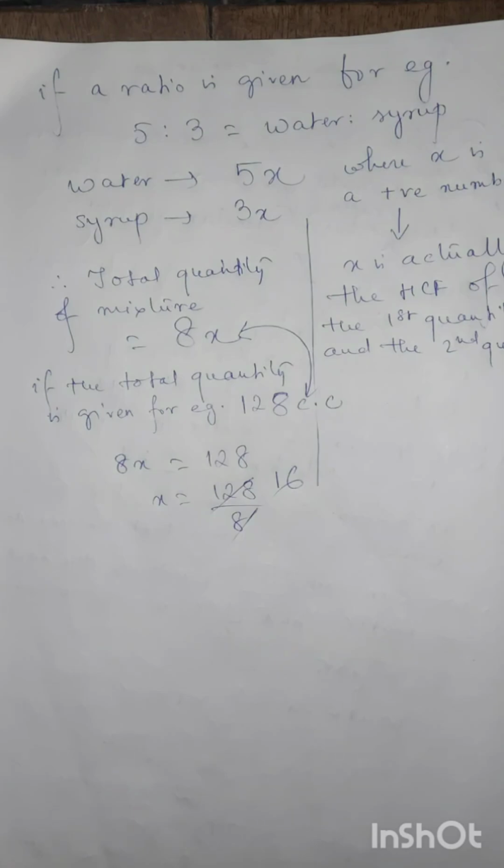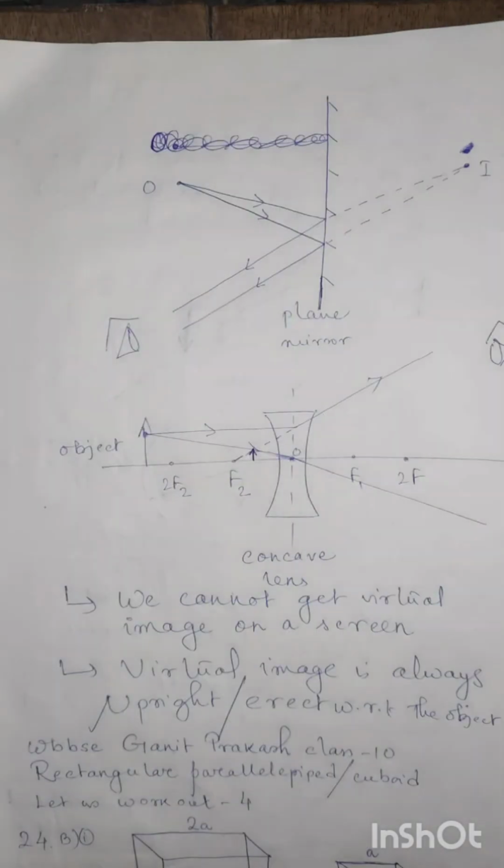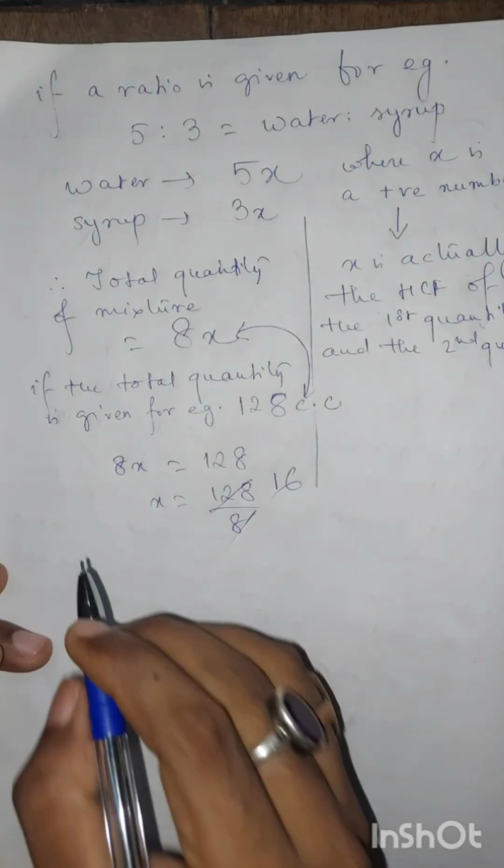Now a ratio can also be represented in the form of one number divided by another.